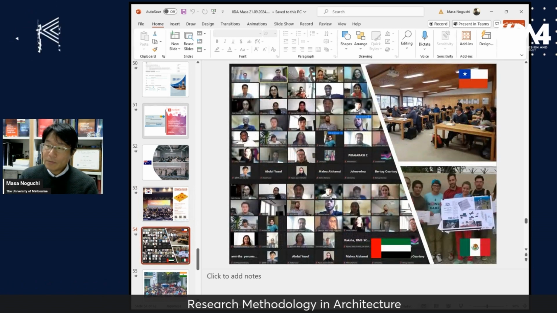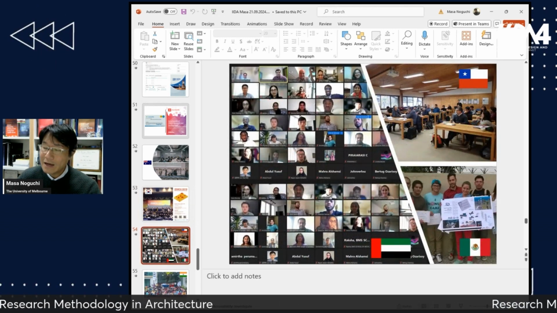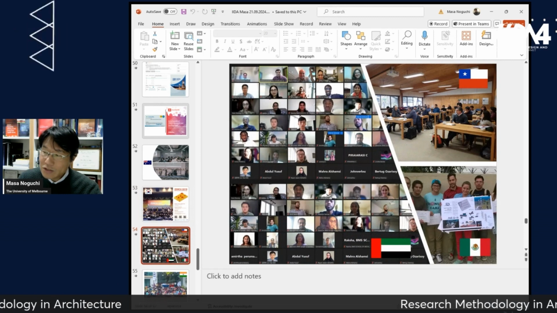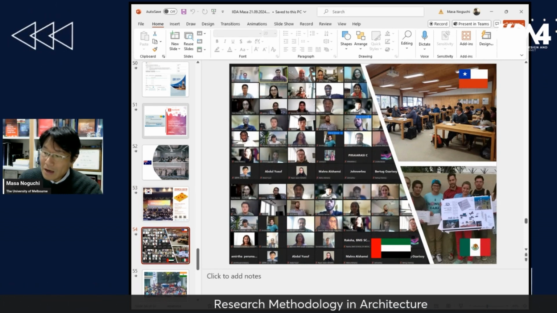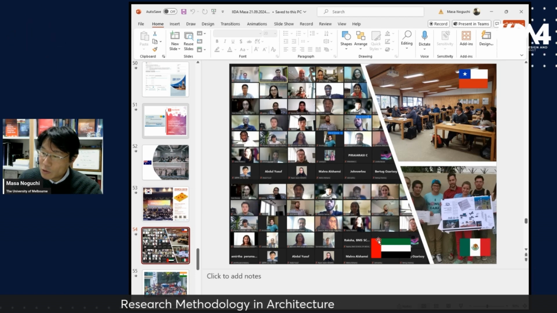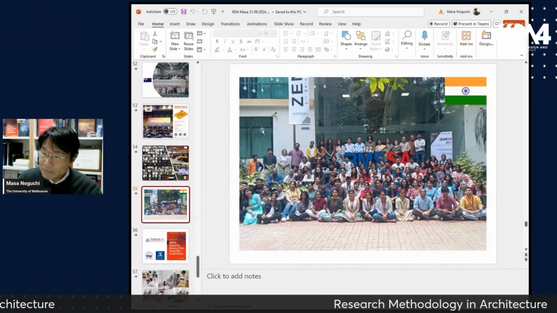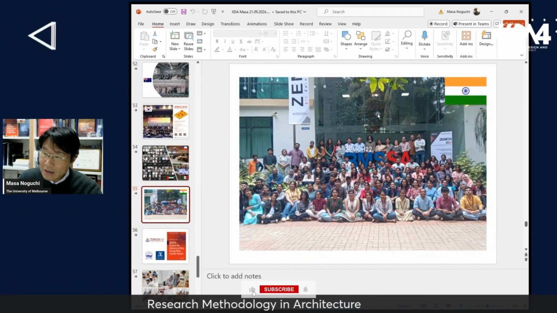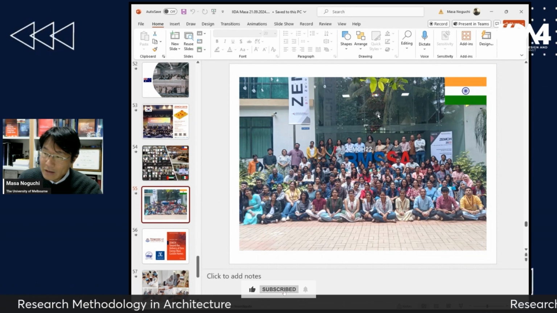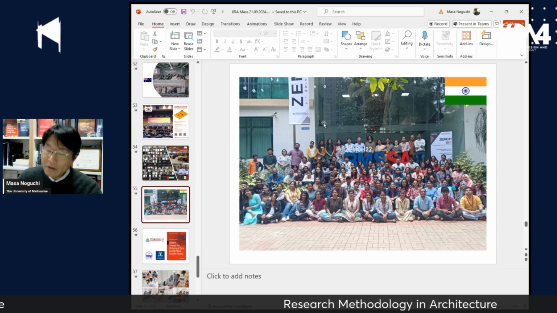The workshops are held everywhere, including countries in South Latin America, Mexico and Chile, and Sanjay Mohe, who designed the Gandhi block, VIT School of Architecture.